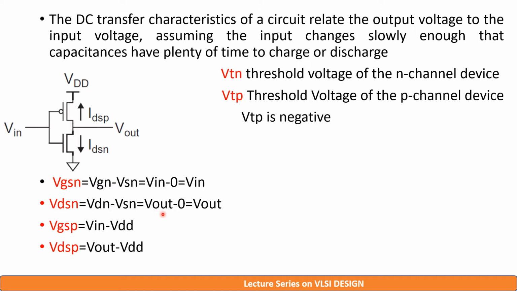Drain voltage is Vout, source voltage is 0, so VDSN is Vout. VGSP is gate voltage of PMOS minus source voltage of PMOS. Gate voltage of PMOS is Vin, source voltage of PMOS is VDD. Therefore, VGSP is Vin minus VDD. VDSP is Vout minus VDD.